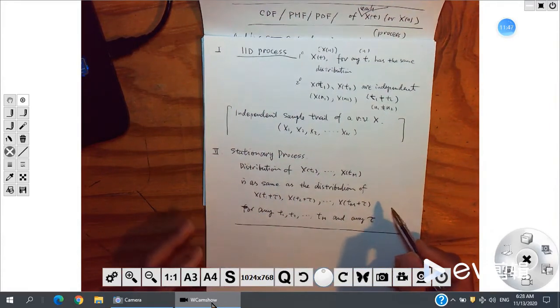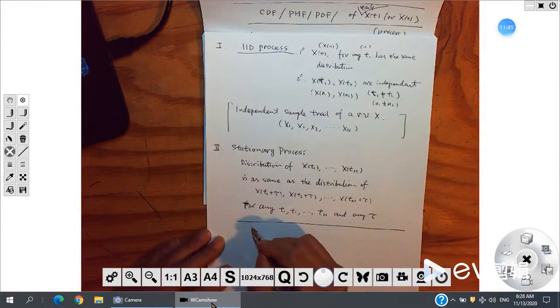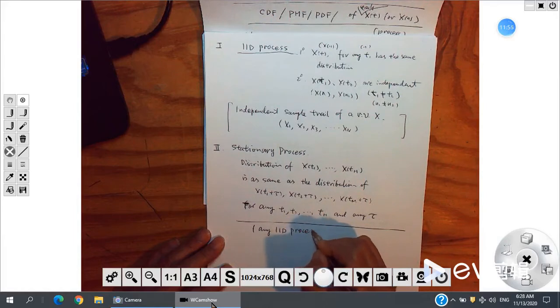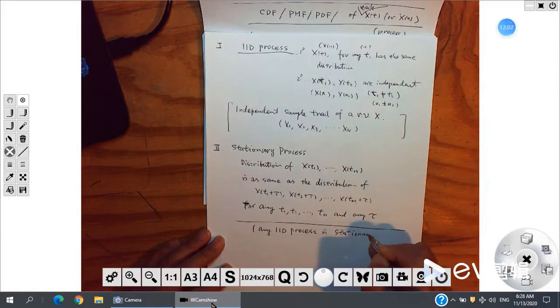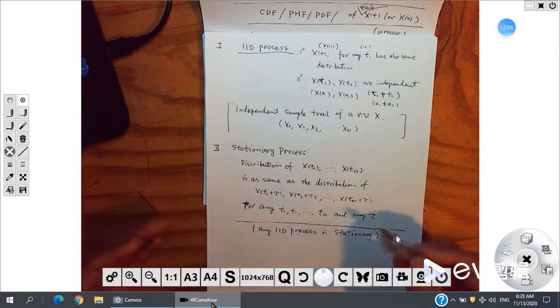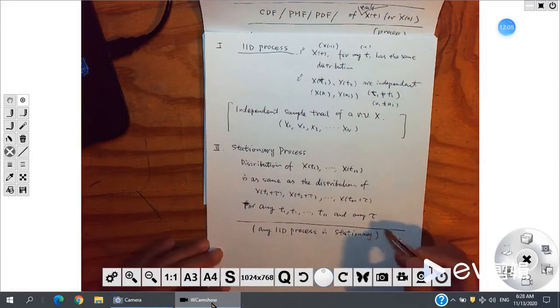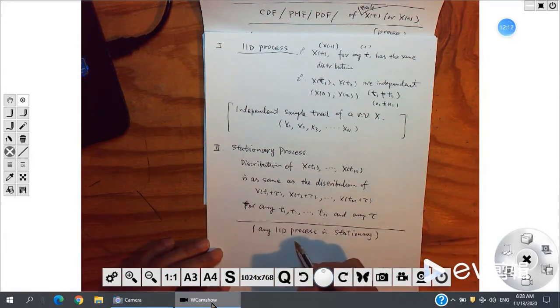For example, any IID process is stationary. You got it? But of course, we have some different kinds of processes that are stationary but not IID.